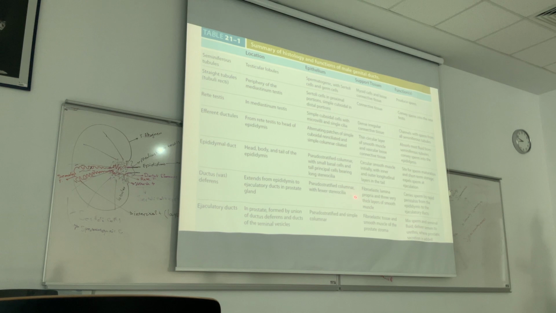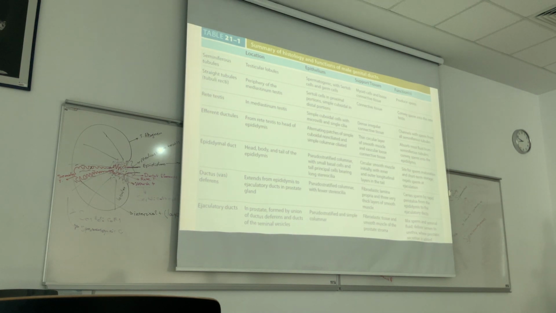In the lamina propria of the ductus deferens, we have a high amount of elastic fibers. Because of this, we say this lamina propria is a type of fibroelastic lamina propria. Okay? It's very important.